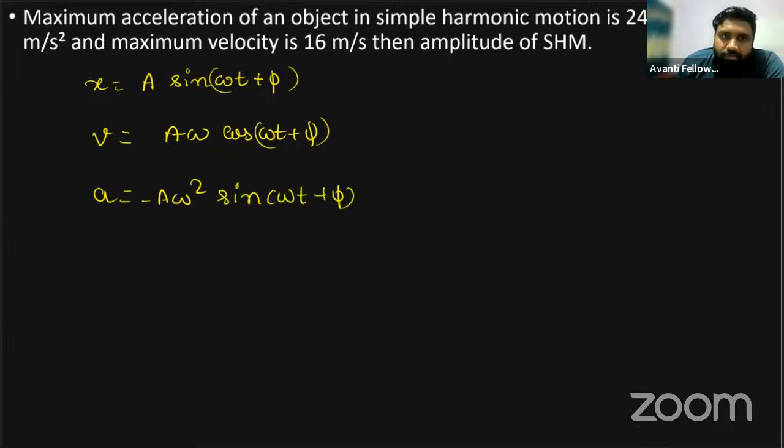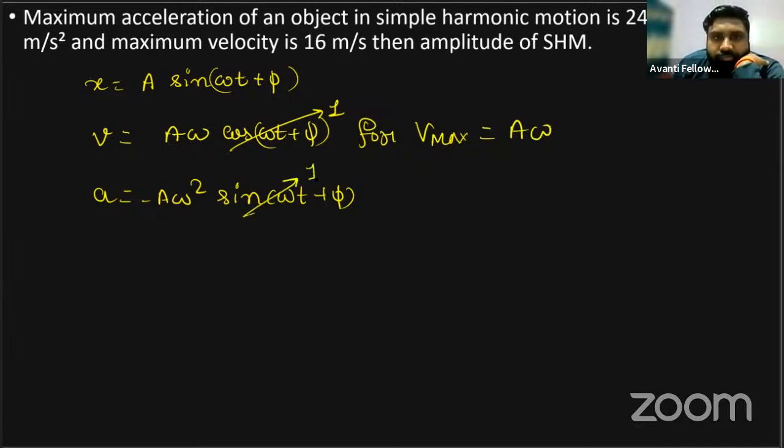For V max, we can say this cos omega t should be maximum because this is the only variable. So V max we have A omega. For acceleration to be maximum, sine omega t must be 1, and the magnitude of it will be maximum as A omega square, if I talk about only the magnitude, not the direction.